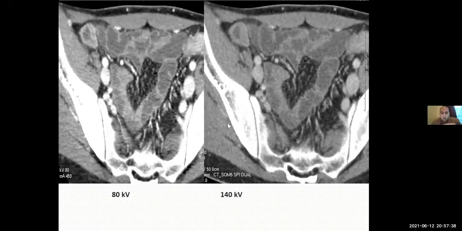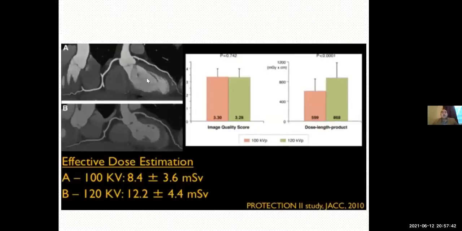It's more effective. Also, in coronary angiography, using 100 kV is more effective than 120 kV. As you see here, the difference between coronary arteries and the background, and here in 120 kV. So the coronary arteries here have higher contrast in low kV than higher kV.